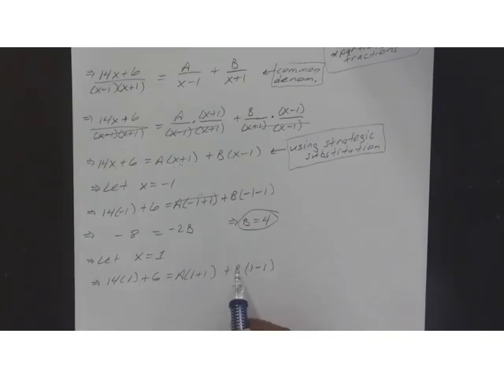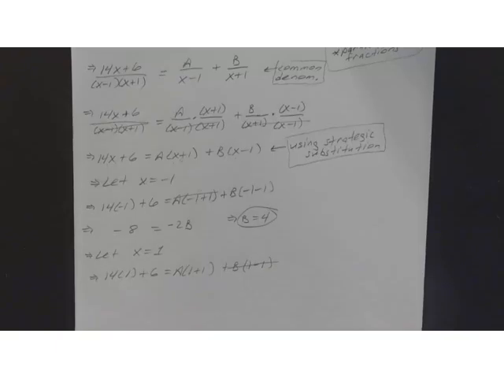Oh, 1 minus 1 is 0, so we know that term just disappears. So 14 times 1 is 14. 14 plus 6 is 20. So we have 20 is equal to 1 plus 1 is 2, so that's 2a. So if we divide both sides by 2, we can see that a is equal to 10.